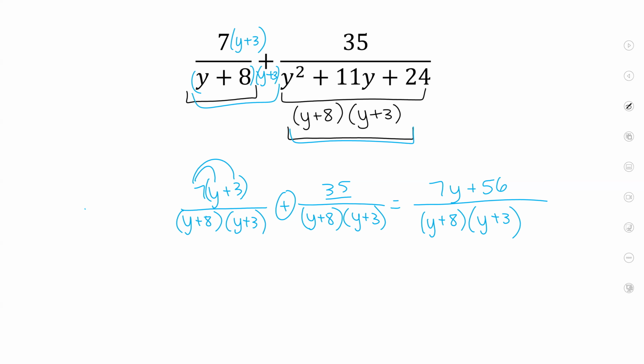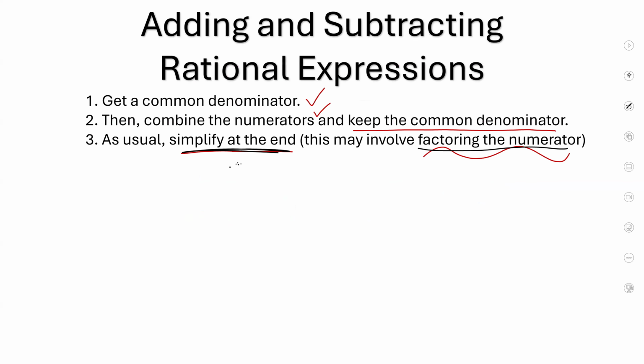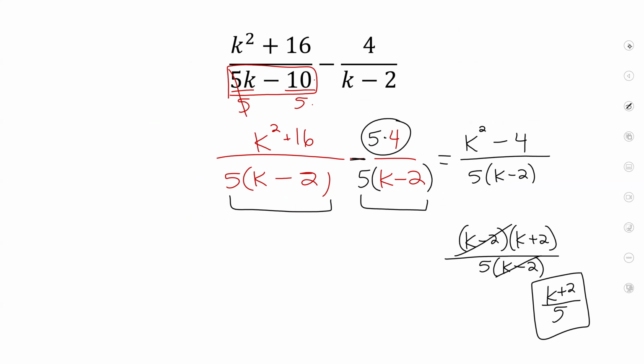But remember, guys, let me go back to the slide. You need to simplify at the end. This may involve factoring the numerator. Factoring the numerator always comes last. You do this last. Don't factor the numerator until the very end, okay?